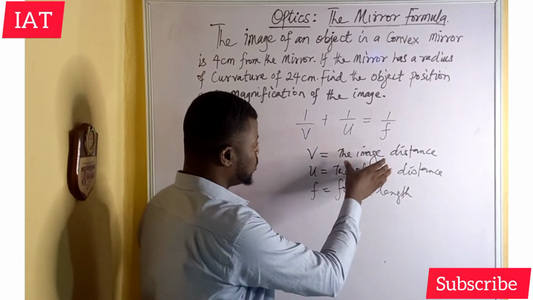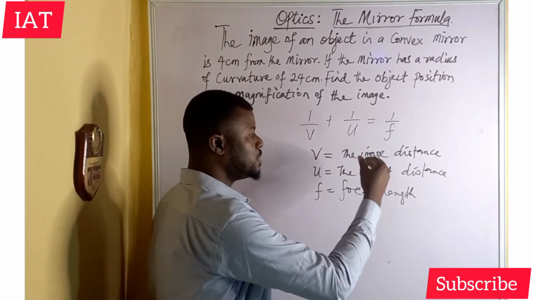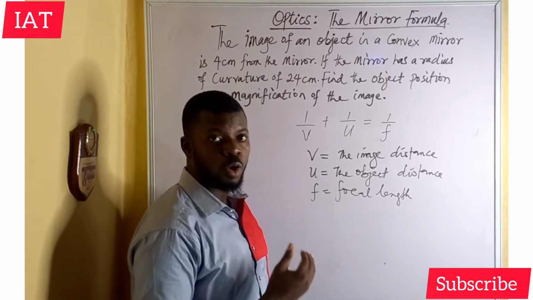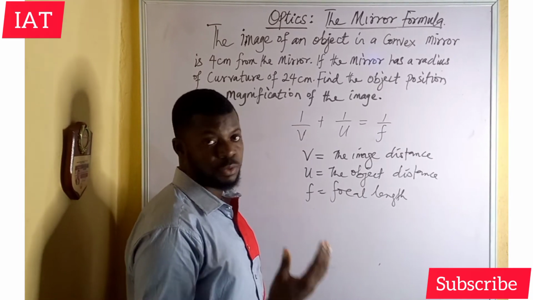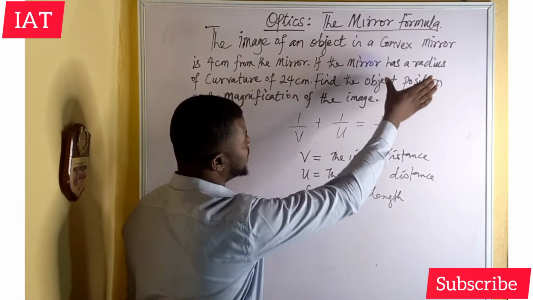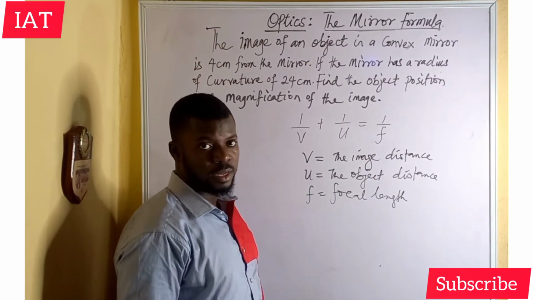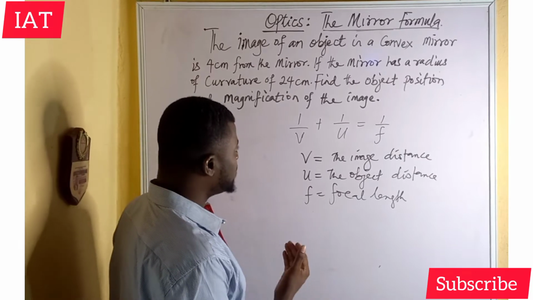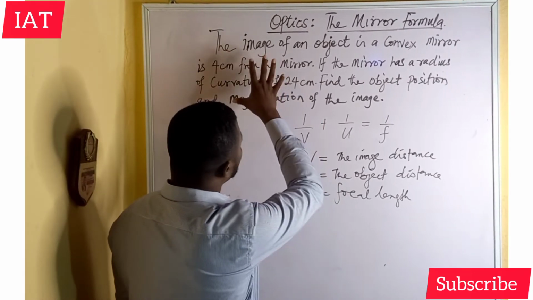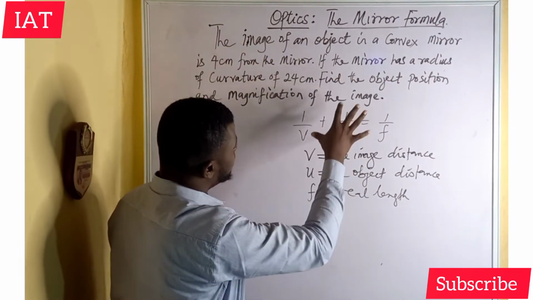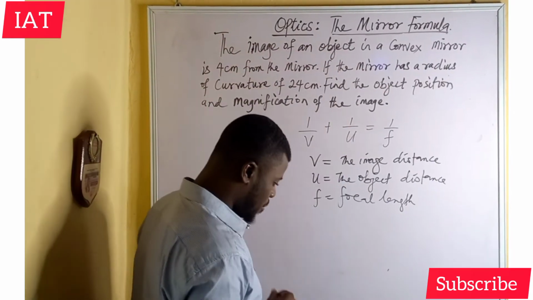Why are we doing so? Because the image distance for a concave mirror is always real. But for a convex mirror, the image distance is always virtual. All right. So if that be the case, let's see how we can implement these parameters into the formula.